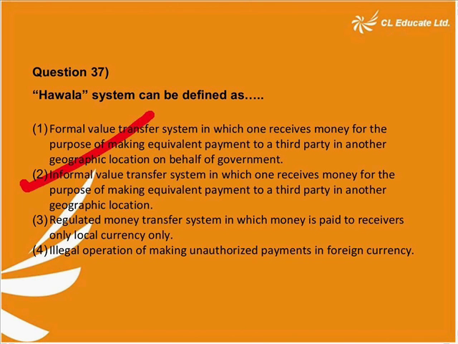Which one is correct? Pravasi Divas, non-resident day, is being celebrated on January 9 each year. Tamilians form the majority of Indians in Malaysia. Punjabis form the majority of Indians in Canada. Well, Indophobia refers to hostility towards Indians and Indian culture.